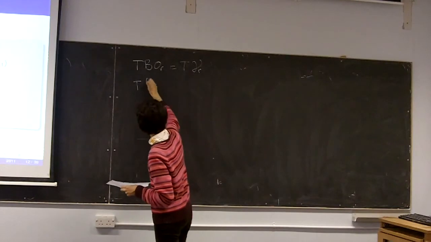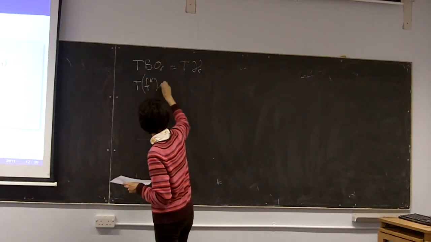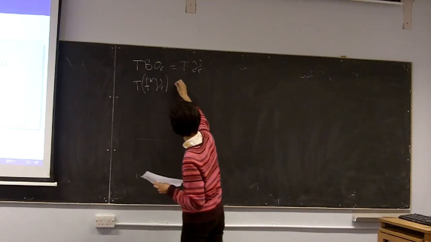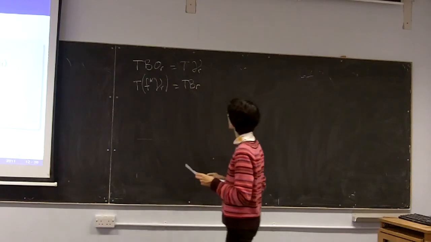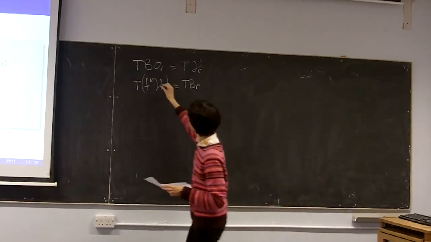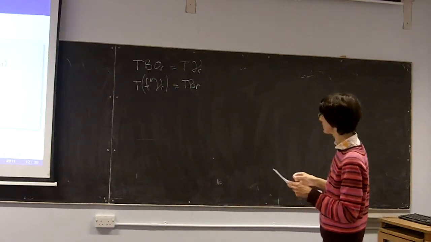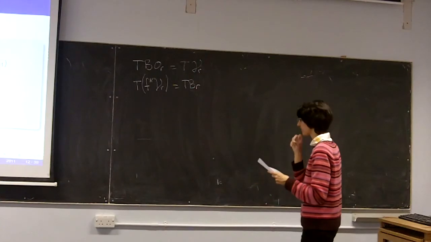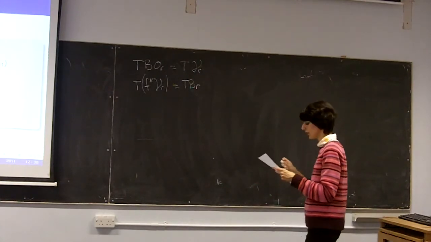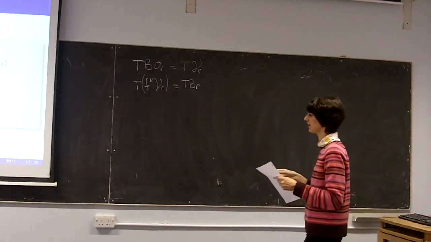This is going to just be the Thom space of this pullback bundle. So this here is just notation, very important.